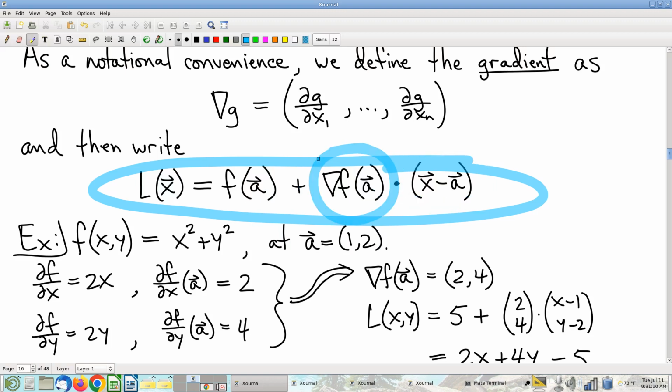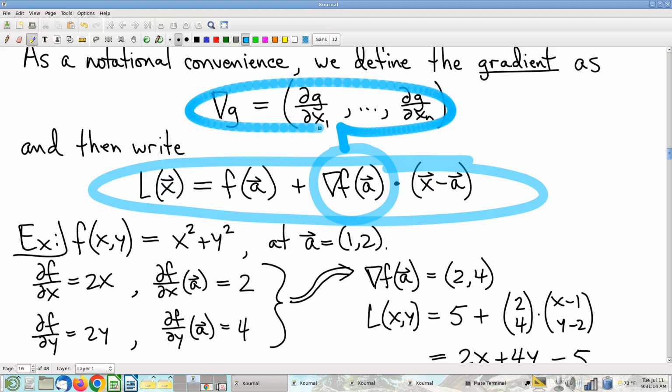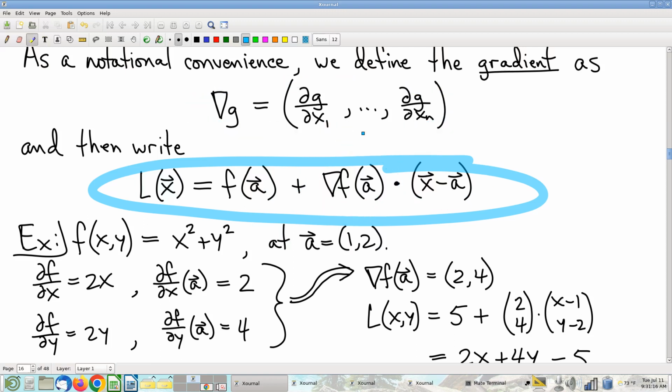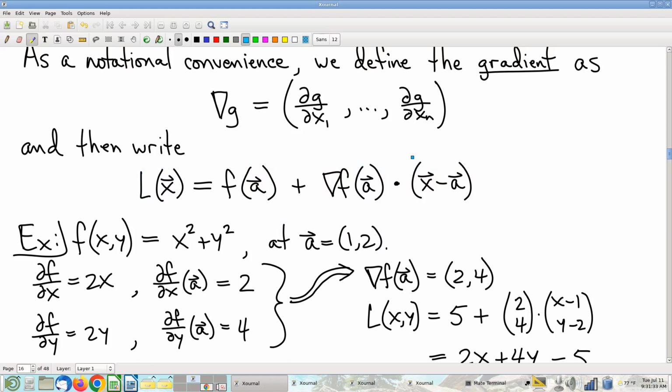It's just that now this derivative is a vector of a bunch of partial derivatives, and x minus a is now not a scalar but a vector. And times is no longer scalar times, it's now the dot product, one of our primary operations on vectors. So it's adapted to a vector context, but very similar looking, right? And we saw an example last time.